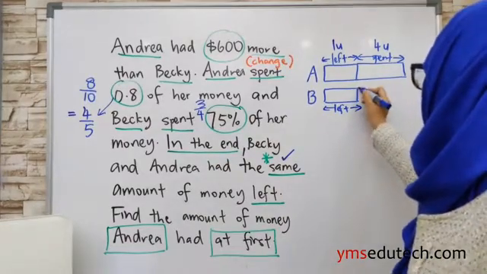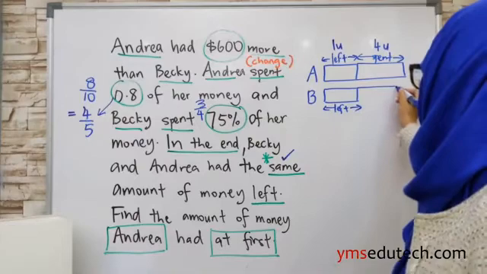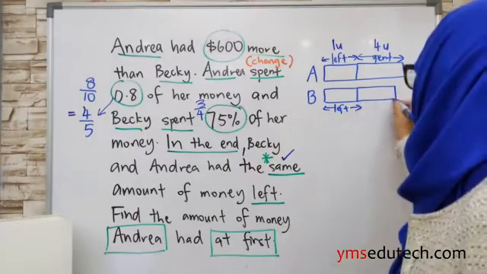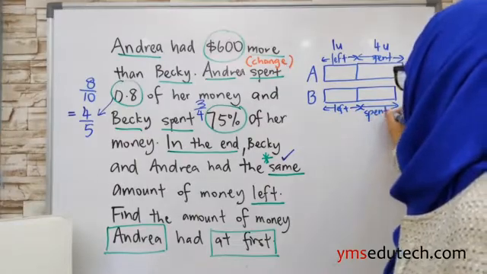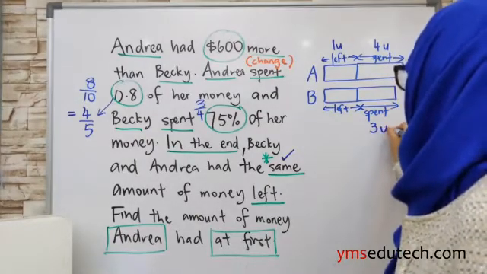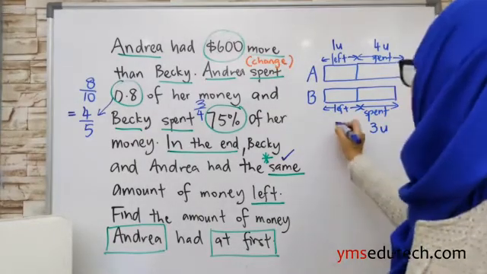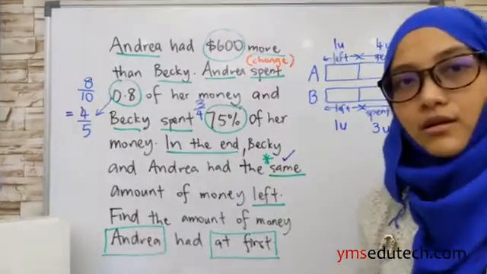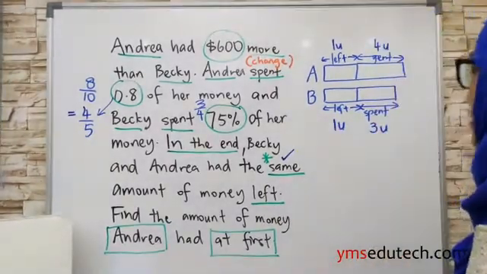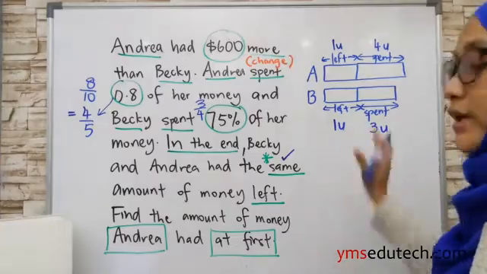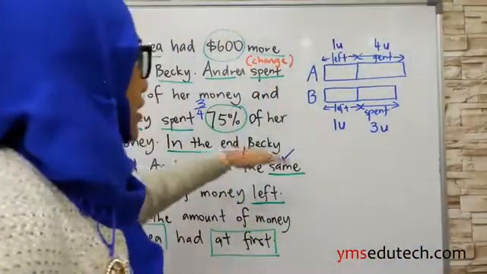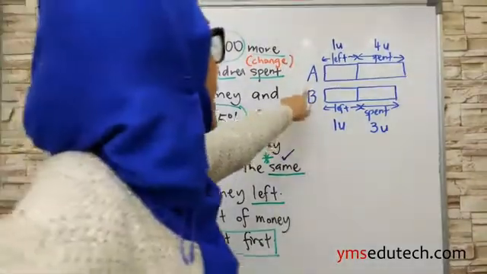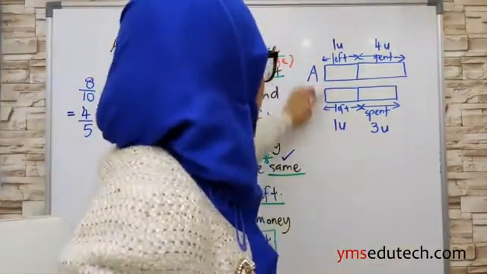So Becky spent 3 units, so she was left with 1 unit. So what do we have here now? Looking at this model, the amount of money left for both women was the same. 1 unit, 1 unit.